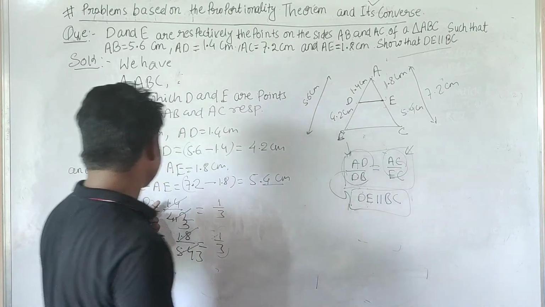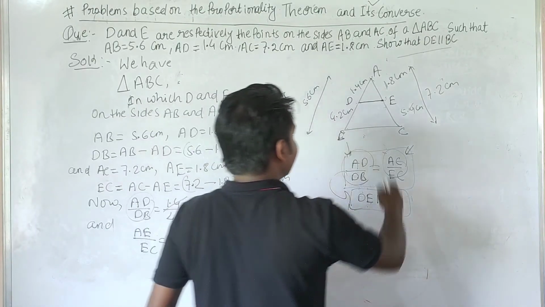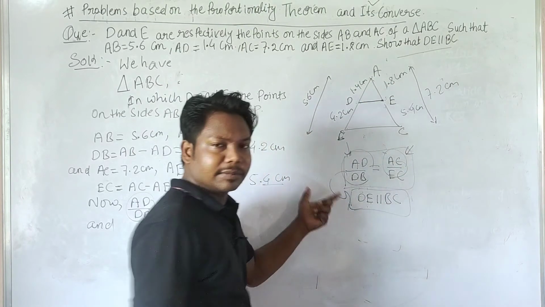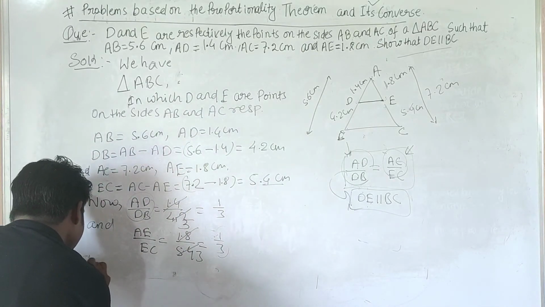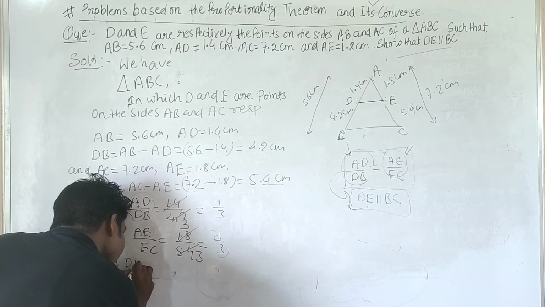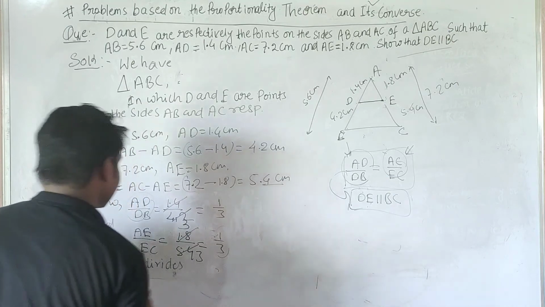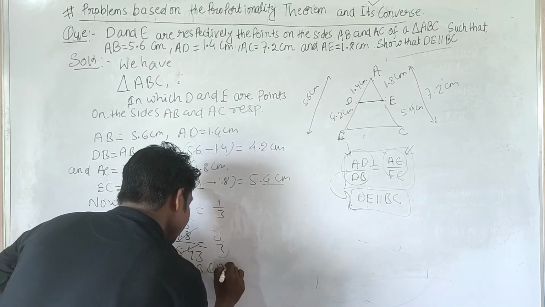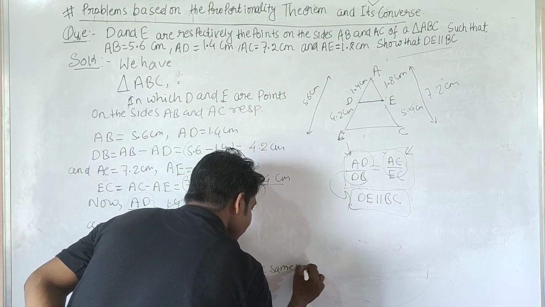Because these ratios are equal to each other, we can say the line DE divides AB and AC in the same ratio.